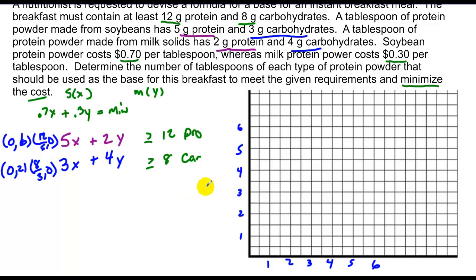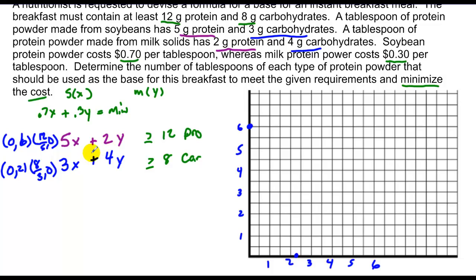And we'll go ahead and graph 0, 6. And then 12/5 is 2 and 2/5, which is less than 2.5, somewhere right around here.